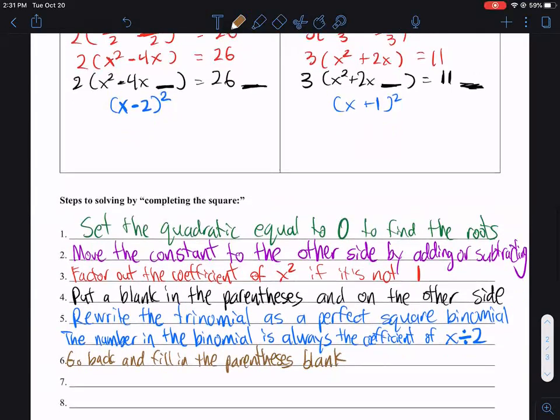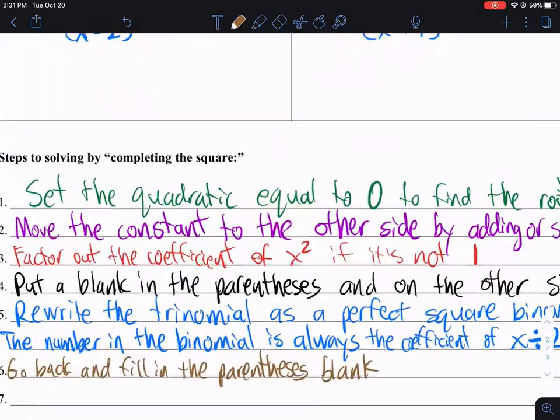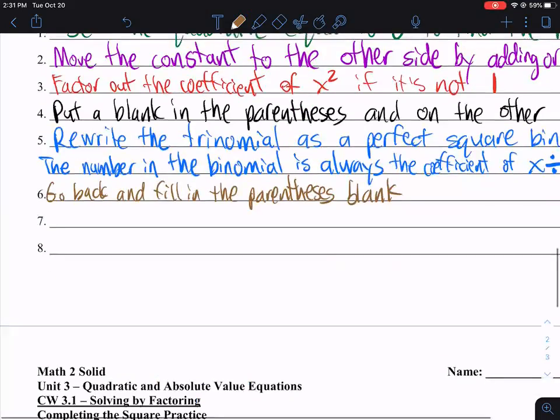Okay, so now that we've figured out what goes in the perfect square binomial, we can go back up a step and fill in one of the blanks. Remember, we created 2 of them. So we're going to fill in the blank that was in the parentheses.